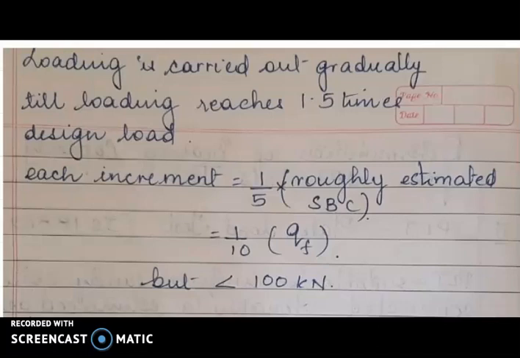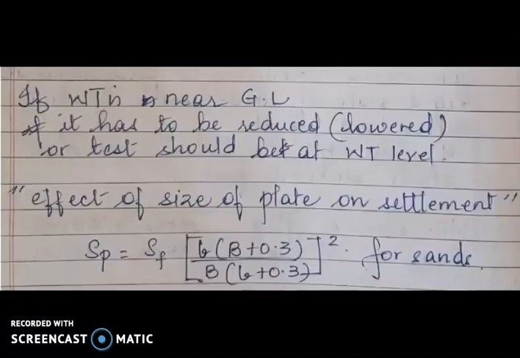Now, how much should be the increment? Increment should be 1/5 of the roughly expected safe bearing capacity or 1/10 of the ultimate bearing capacity. But in no case can it go beyond 100 kilonewtons, that is around 10 tons. You cannot have increments of more than 10 tons.